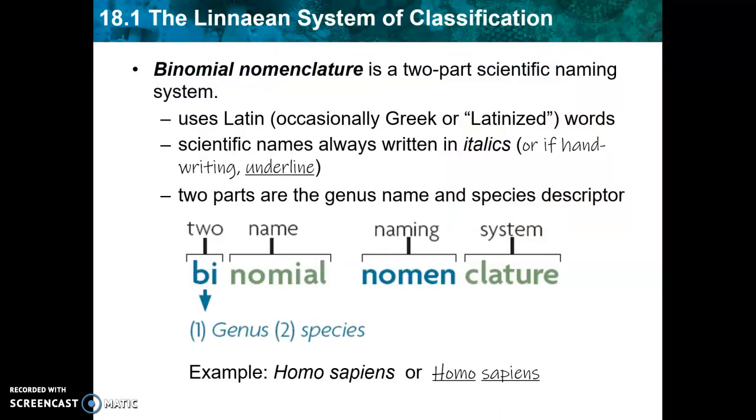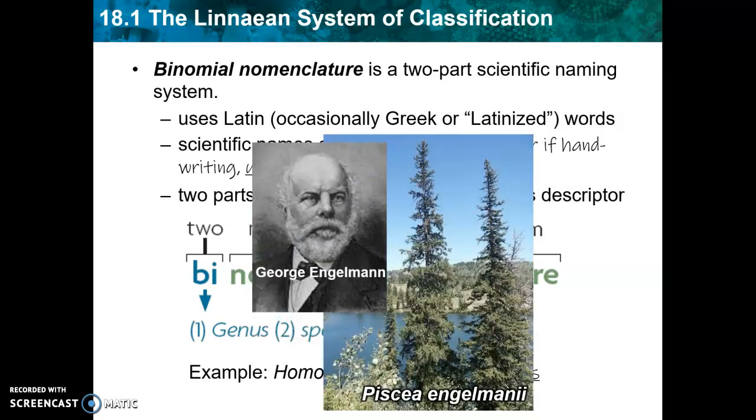So we call this binomial nomenclature. Binomial nomenclature simply means that everything has a 2-part scientific name. And these names come from Latin, sometimes Greek or Latinized words. And what I mean by Latinized would be this example here. We have George Engelmann pictured, and to the right of him are the Engelmann spruce.